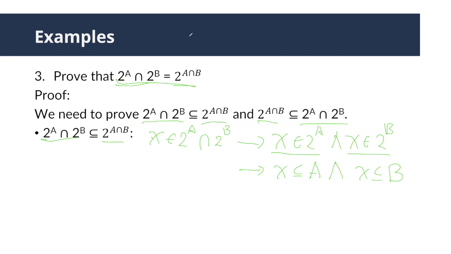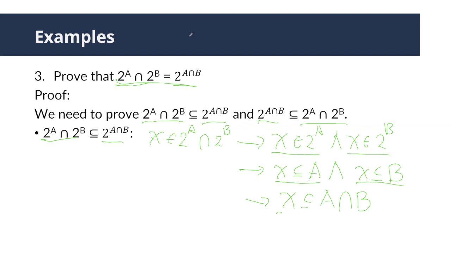If you recall, in the previous example, we showed that if X is a subset of A and X is a subset of B, we can conclude X is a subset of A intersect B. If you don't remember, you can pause the video and go back to check the example.